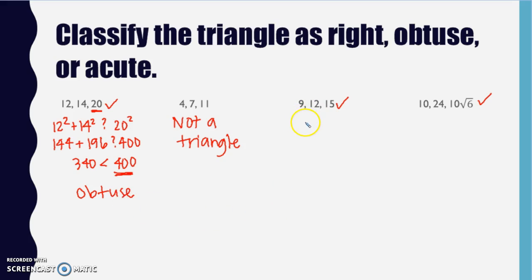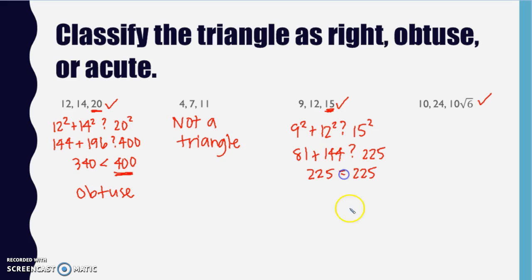Looking at 9, 12, and 15, 15 has got to be c. So 9 squared plus 12 squared, and we want to see how that relates to 15 squared. 9 squared is 81, 12 squared is 144, 15 squared is 225. 81 and 144 gives me 225, which is equal to 225, so this is a right triangle.